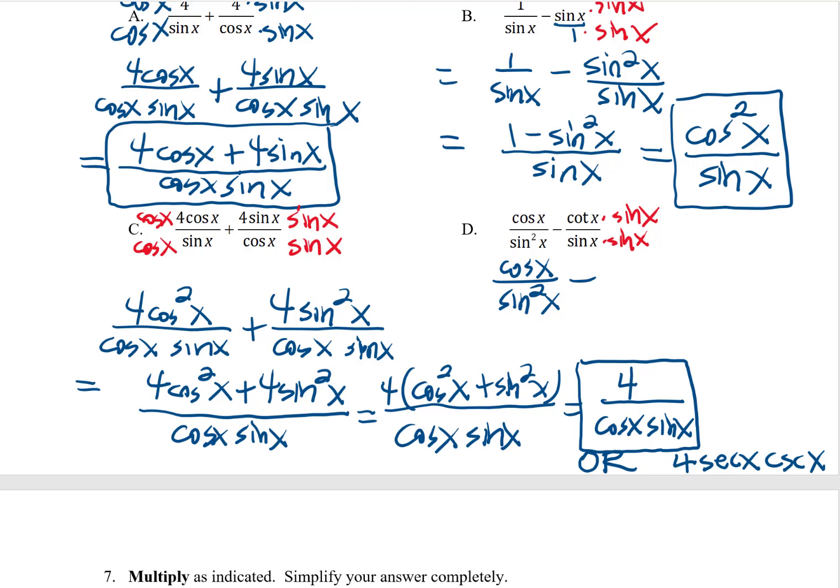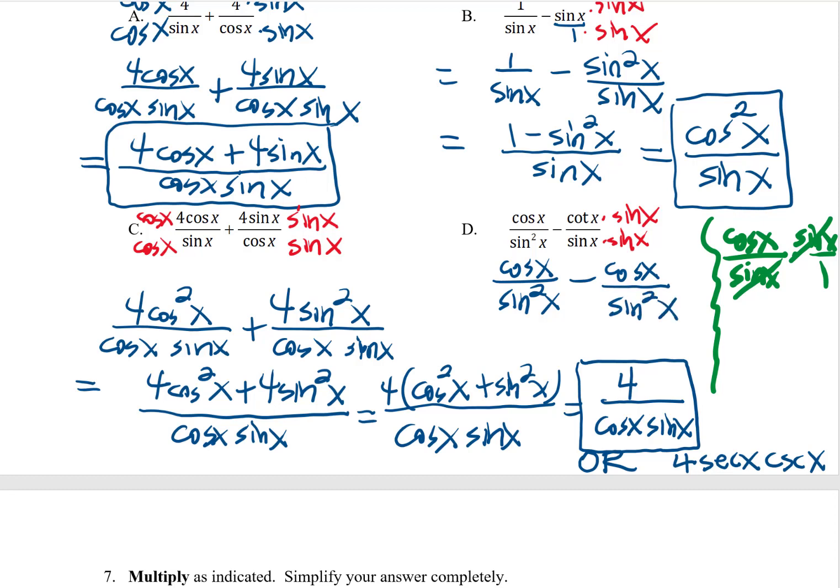Maybe I should go off on the side and do a little bit of scratch work. Cotangent x is cosine x over sine x, according to the quotient identity. And then if I multiply that by the sine x, I'm going to get some cancellation. All I'm left with there is cosine x. So this becomes cosine x over sine squared x.